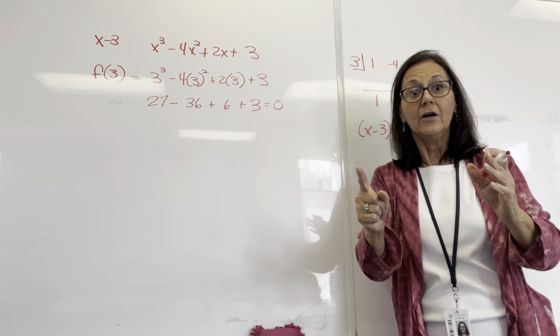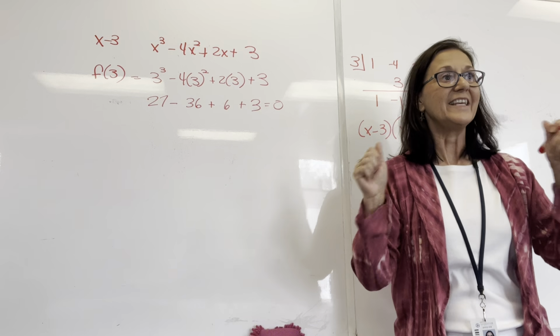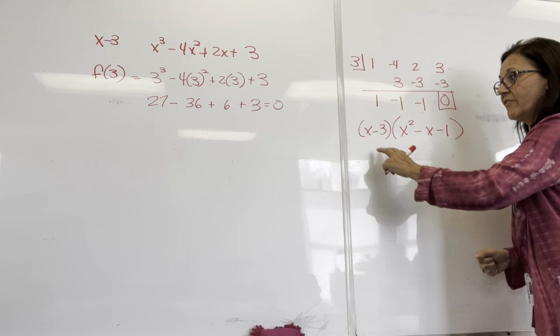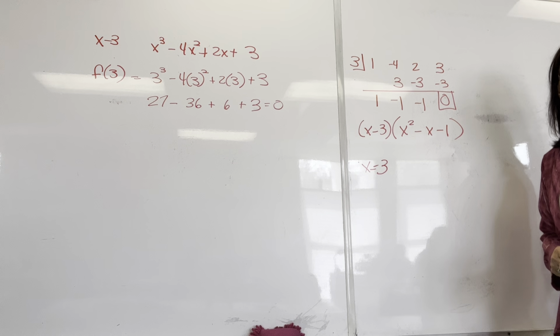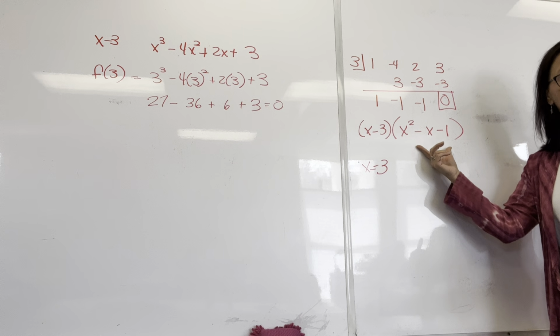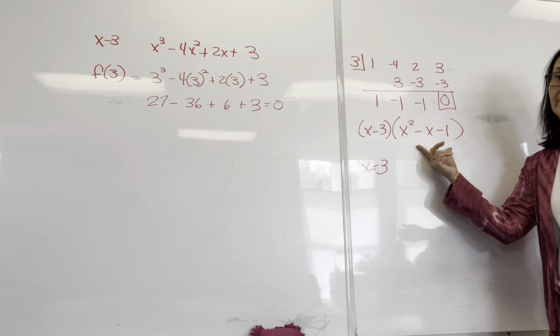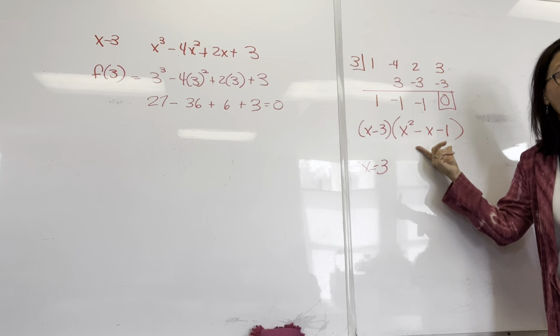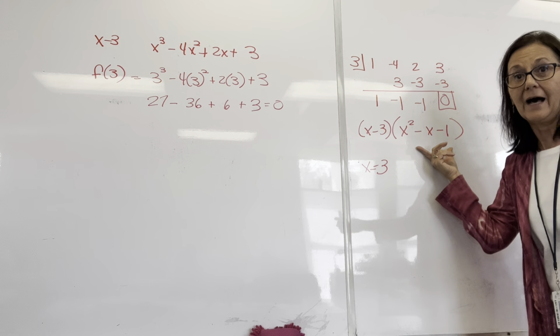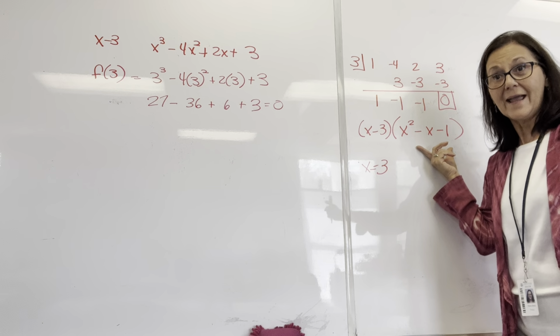And then, could I get all the x-intercepts? Yes! Because I have a first degree, I know my x-intercept is 3. And what could I use to find the x-intercepts for this one? It's actually going to be imaginary, but I could use the quadratic formula, right?